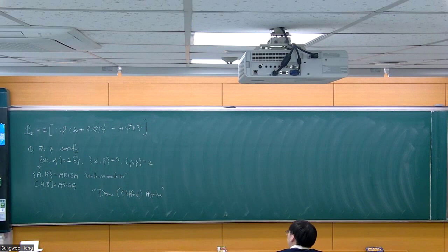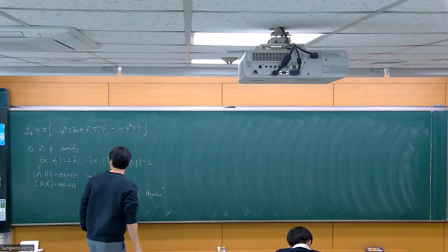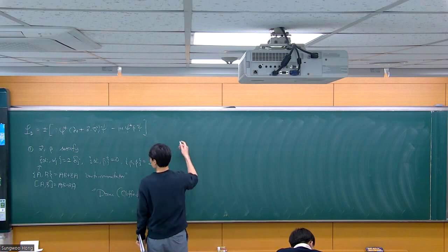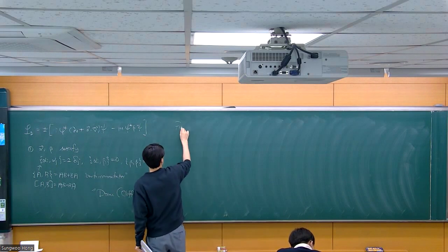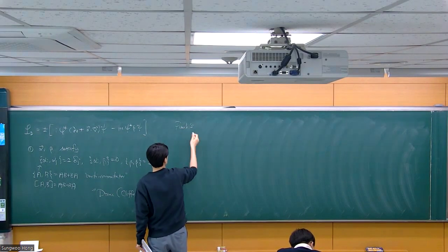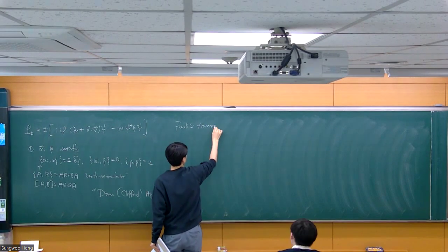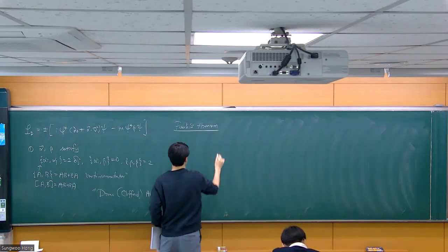So the claim that I want to show is this. I didn't know it is called the Pauli theorem. I knew the facts, but apparently it's called the Pauli theorem, from Coleman.